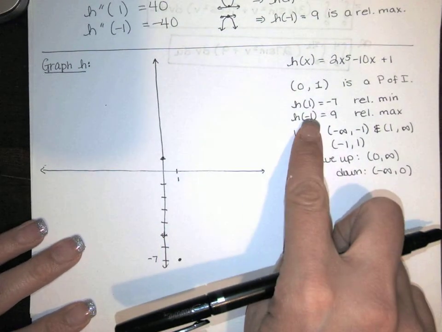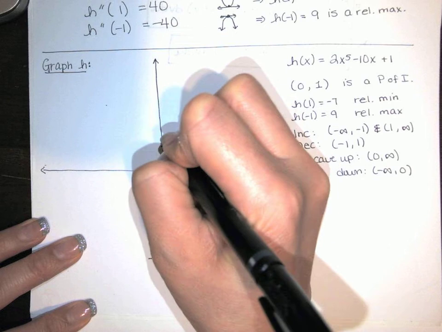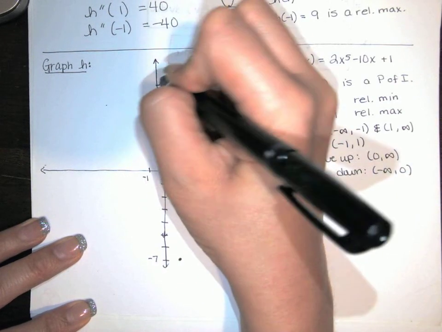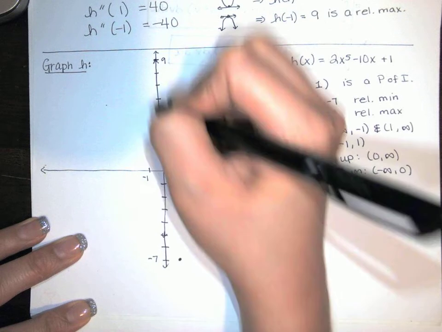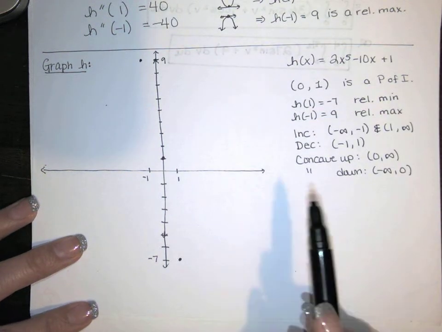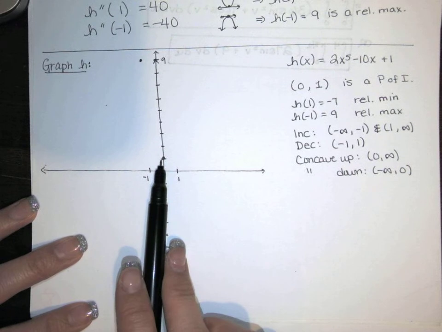When x is -1, y is 9. 3, 4, 5, 6, 7, 8, 9. Okay, so that's a relative max, that's a relative min, that's a point of inflection.